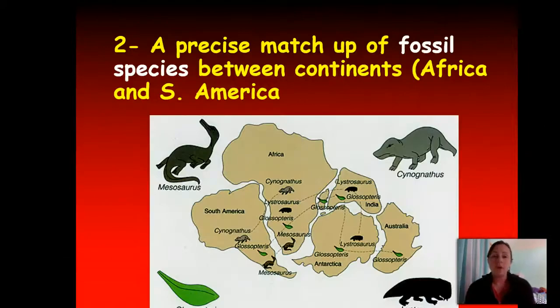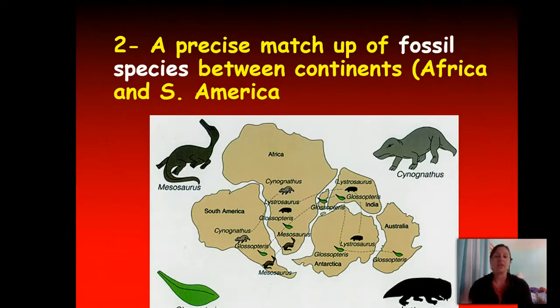Another way we know that the continents have moved and were once connected is because we have found fossils between continents, Africa and South America in particular. The reason this is so significant is that if continents are separated the way they are today by oceans, then it wouldn't be logical for the same species of Mesosaurus or Cynognathus to be on the two different continents, because they wouldn't be able to swim between the oceans to get from one place to another.